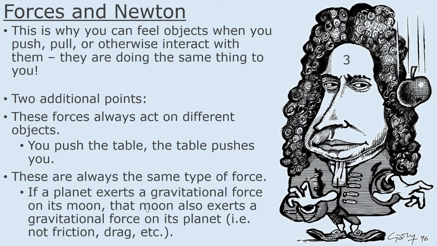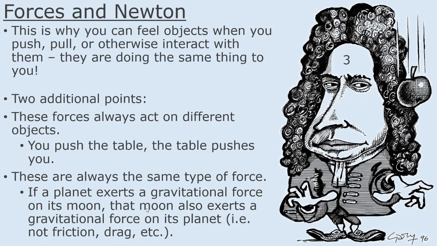The other rule is that they're always the same type of force. So if the planet exerts a gravitational force on its moon, so the moon has a weight, then the moon is also exerting a gravitational force on its planet. It doesn't do friction or drag or air resistance on the planet.